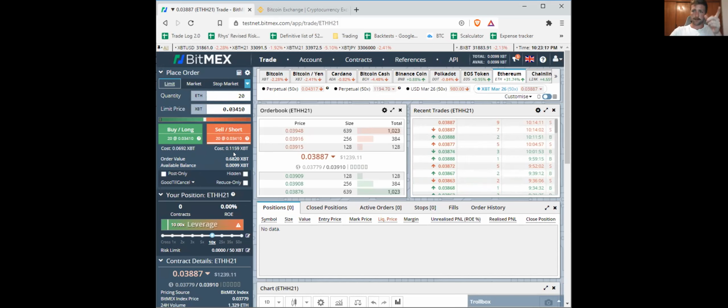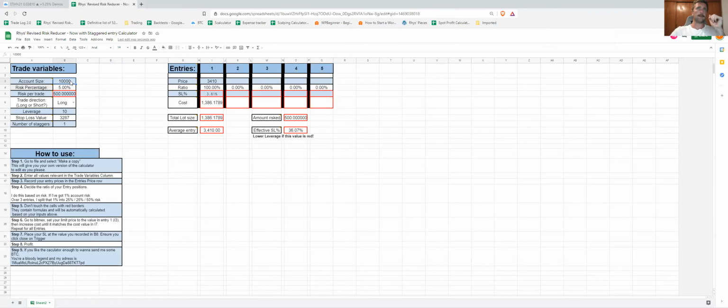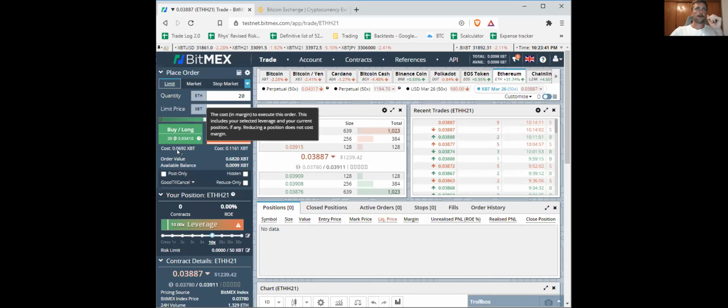what I'll do is I'll go back and quickly change the calculator to BTC. So let's make this 1 BTC. That'll do us. All right, so 1386. So then we come back to here, and so we want to make our cost 0.1386.